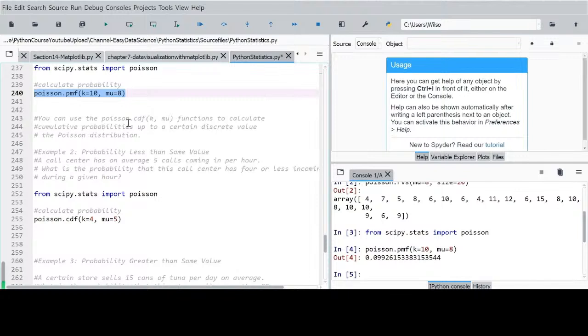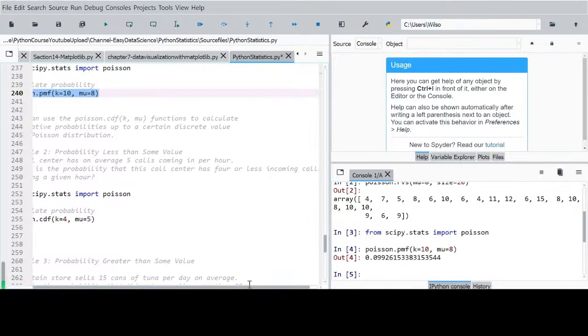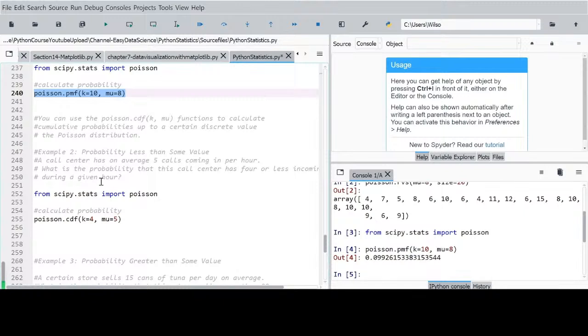So the next function is Poisson CDF. We will apply it to calculate the probability of being less than some discrete value. The example is a call center that has an average of 5 calls coming in per hour. What is the probability that this call center has 4 or fewer incoming calls during a given hour?